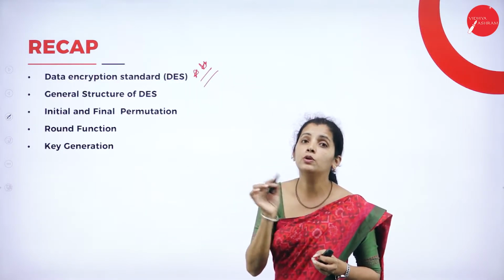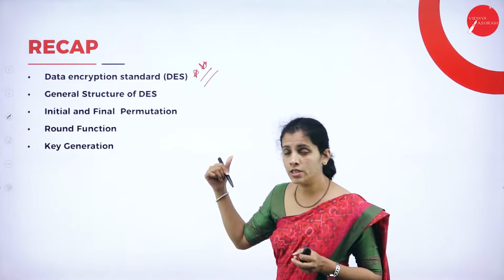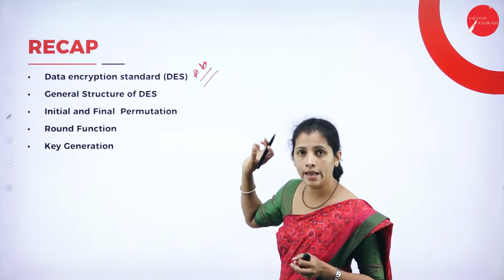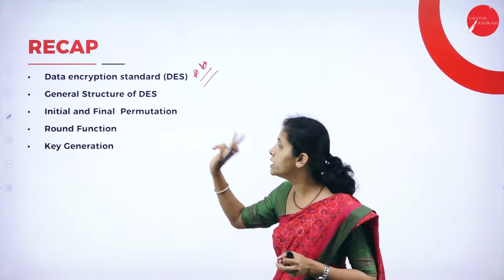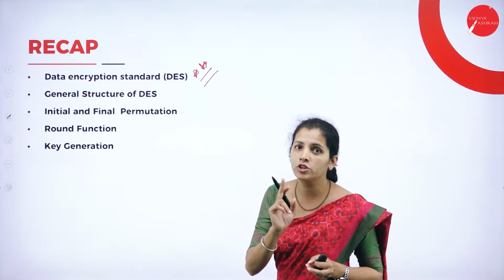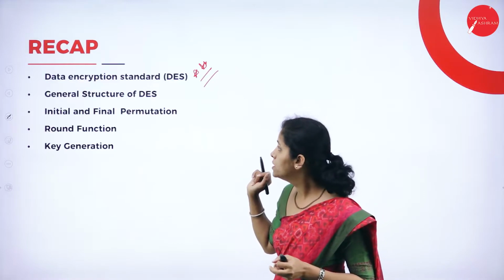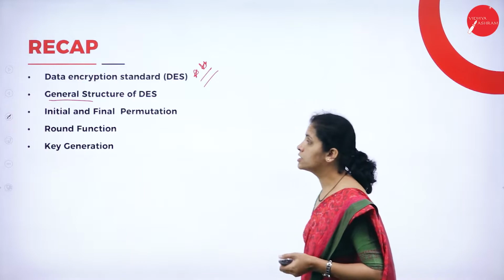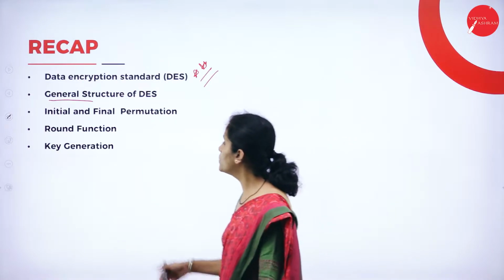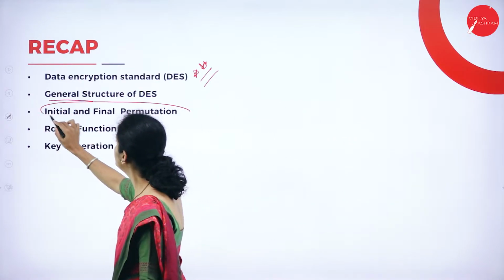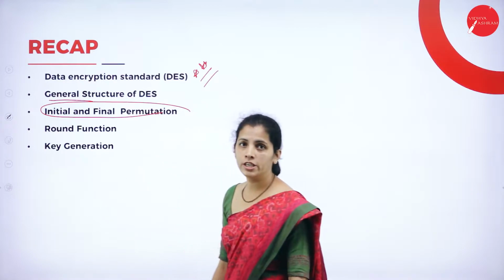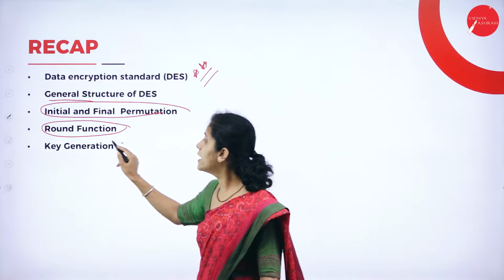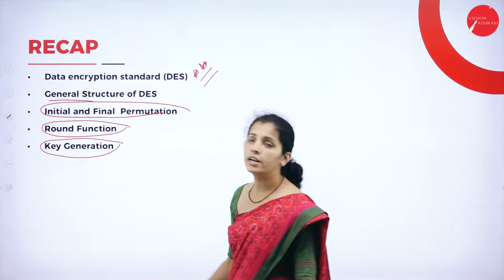You can expect this question or another topic, that is AES, either AES or DES. You're going to get one question under this topic. Then I explained the general structure of DES, along with the initial and final permutation, how to perform the round function and how to generate the key.